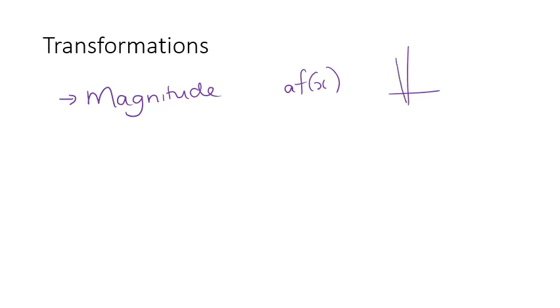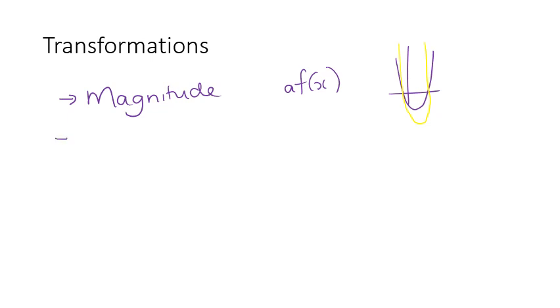Okay, so we're going to have a look at the transformations of these graphs. When we've studied transformations of graphs before, we've had a look at magnitude. So that was where you multiplied the function and then it changed the shape. So if we were looking at, say, a quadratic function and you changed the magnitude, it became something like that. Okay, then we had a look at that.